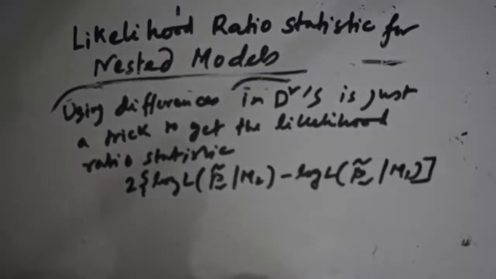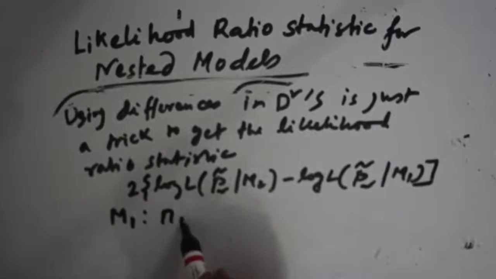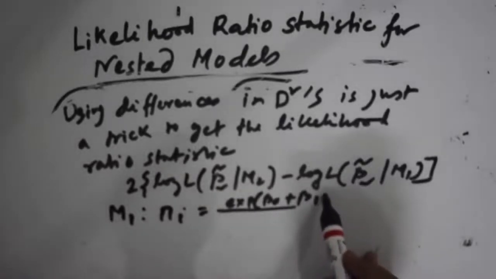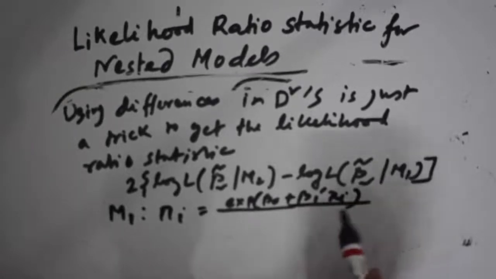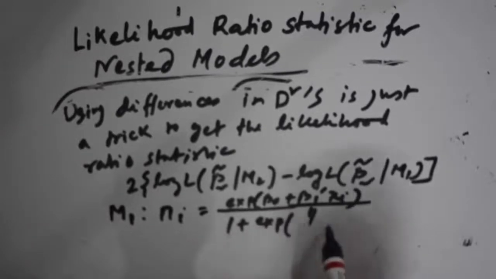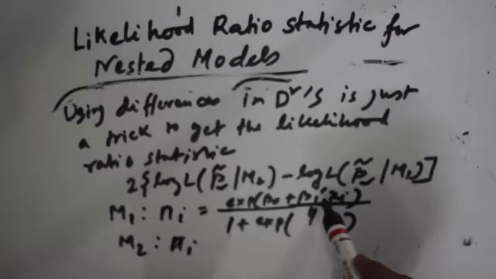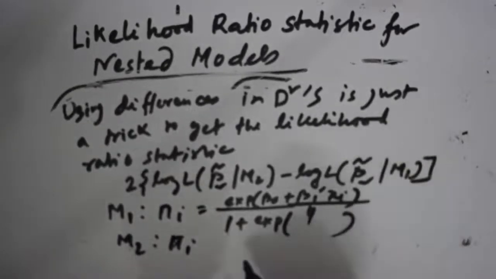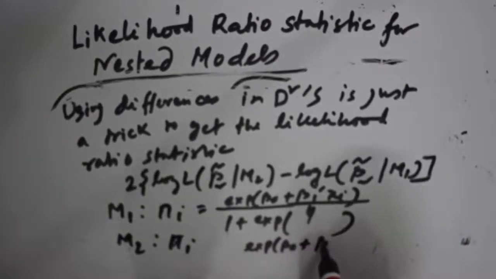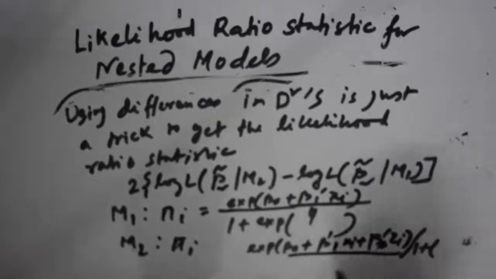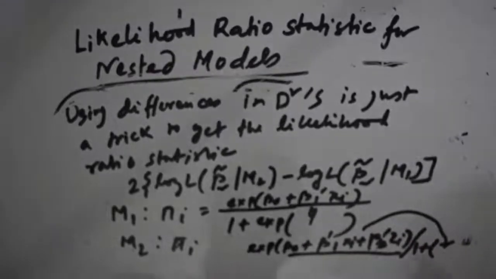Basically, regardless of the size of ni, you are comparing M1, where pi i is exp of beta naught plus beta 1 prime xi over 1 plus exp of beta naught plus beta 1 prime xi, with M2, where pi i is exp of beta naught plus beta 1 prime xi plus beta 2 prime zi over 1 plus exp of beta naught plus beta 1 prime xi plus beta 2 prime zi.